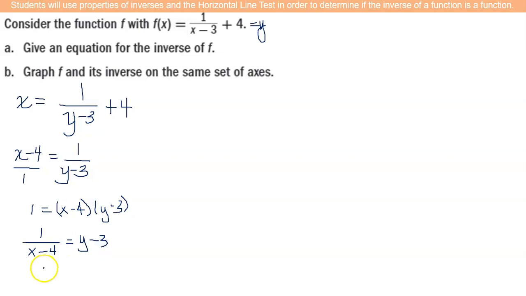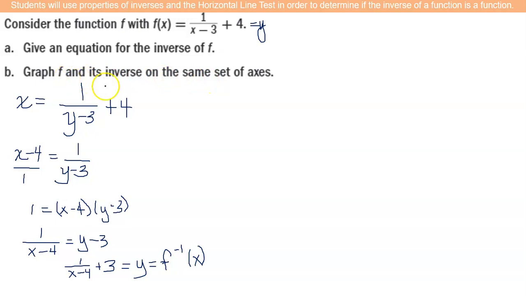So this time we would add 3 to both sides, and that would equal our inverse. So that's our inverse function.